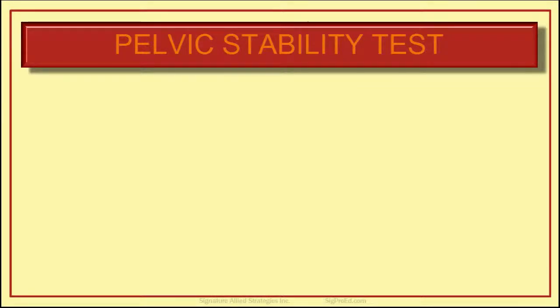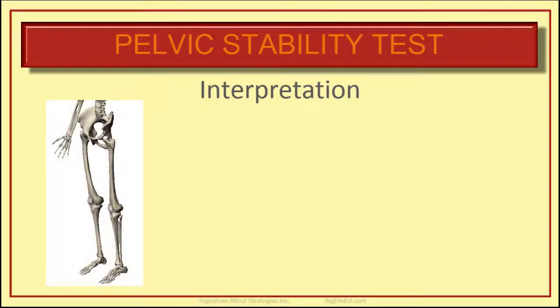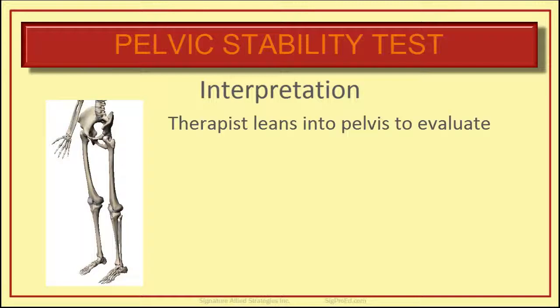Here is a quick interpretation of the test as we have just described it. So the amount of force that you put in will equal the evaluation of the following. When the therapist leans into the patient's pelvis, you are evaluating the pelvis. As you are leaning into the pelvis, you will then increase your force by 25% and evaluate the hip.